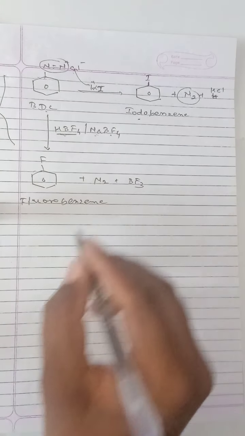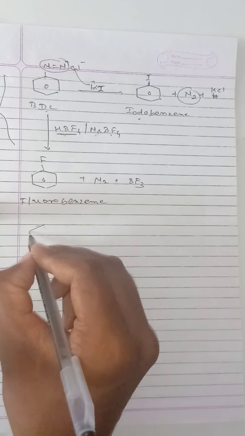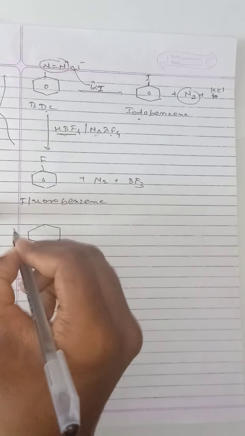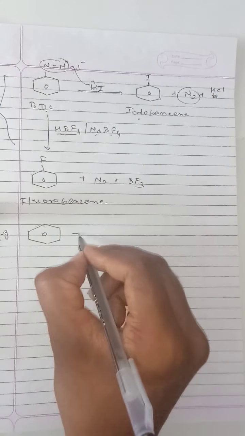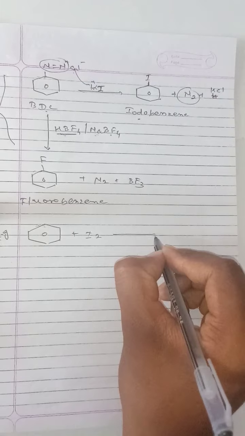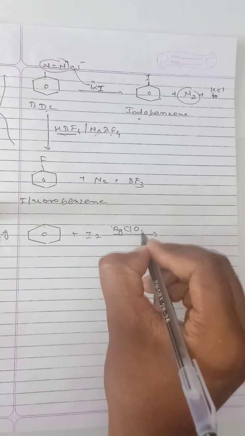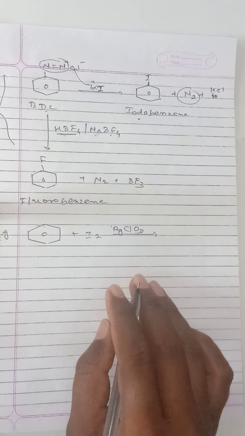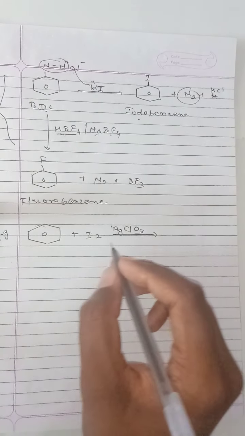Let's see another reaction of benzene on iodination in presence of AgClO4, silver perchlorate.